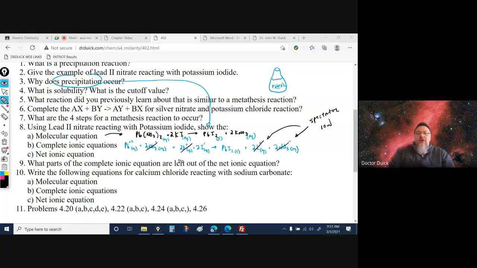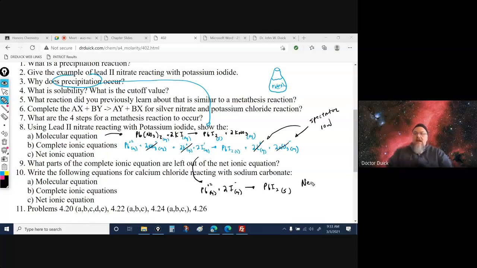So my true chemical reaction, when you really think about it, and I'm going to put it down here because I'm running out of space, it's Pb plus 2 aqueous plus 2I minus aqueous yields PbI2 as a solid.